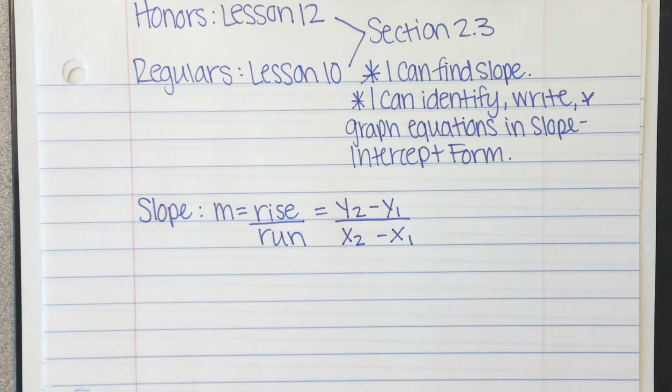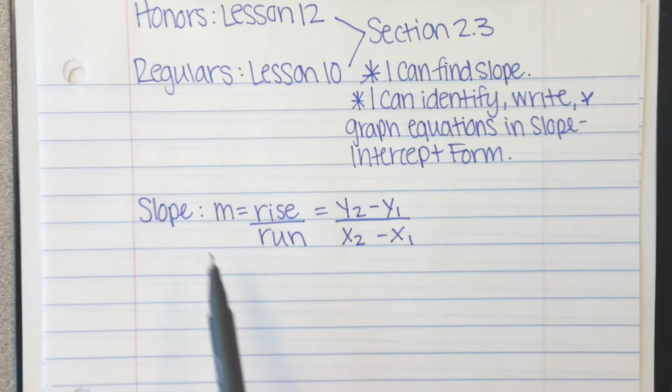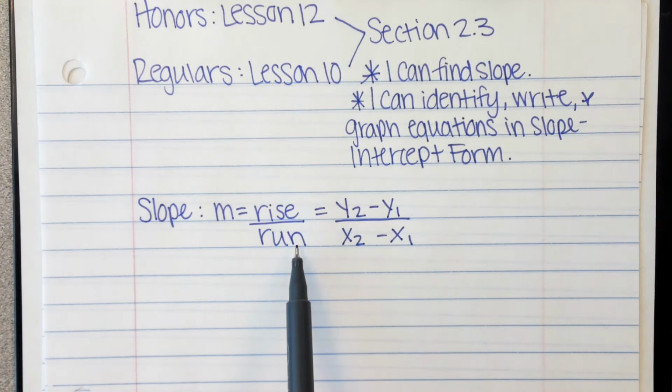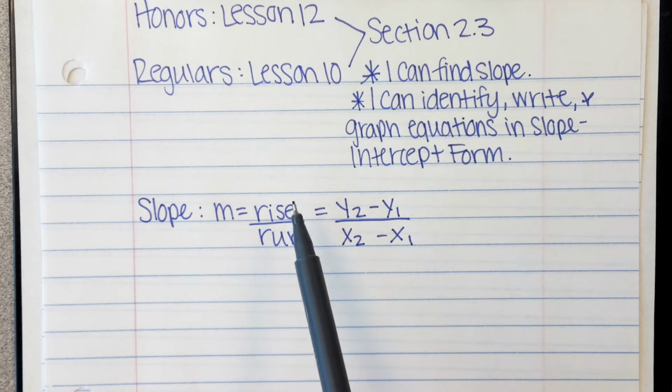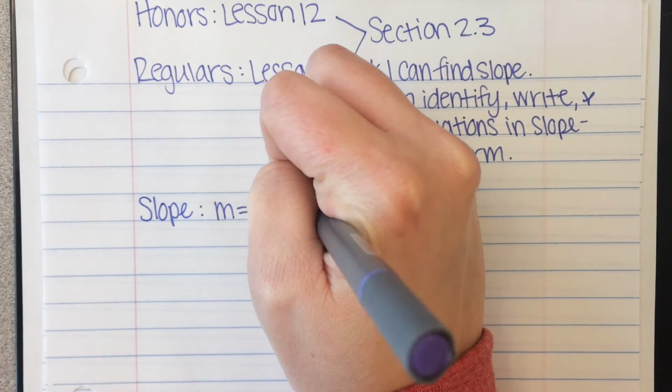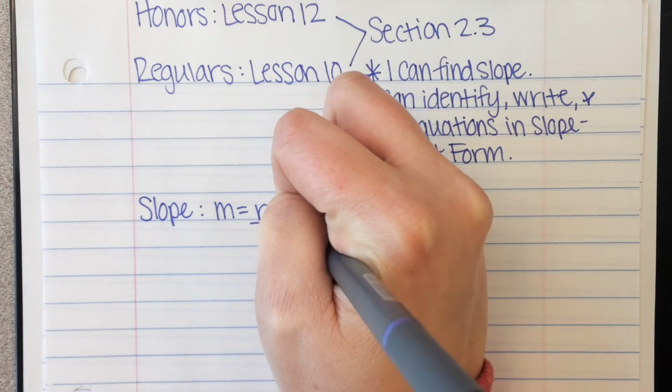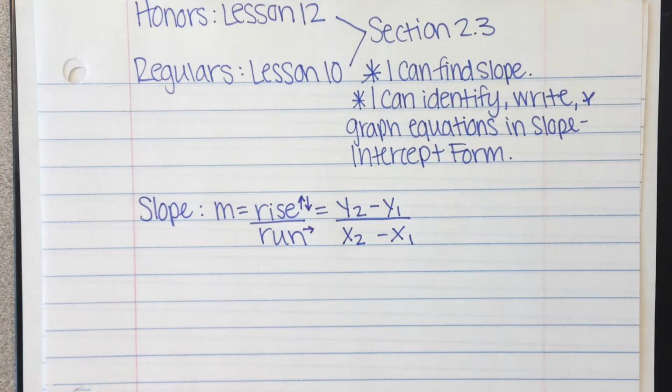Okay, so here's what we know about slope. Slope is m equals the rise over the run. When we're looking at a graph to find slope, we think about the rise over the run. So the rise is up or down, and the run, we always think in terms of going to the right. Okay, there are some exceptions there, like when your run won't fit on the graph or your rise won't fit on the graph.